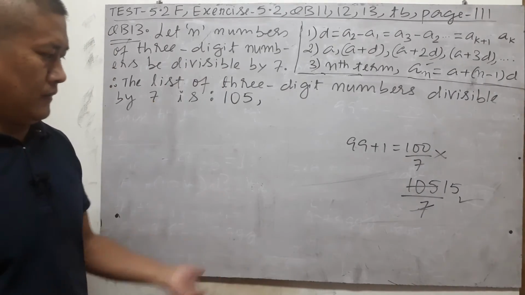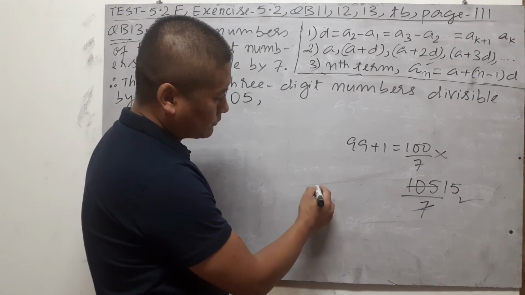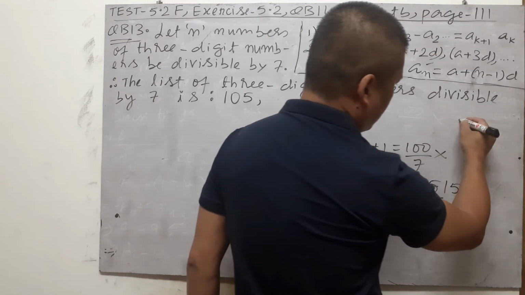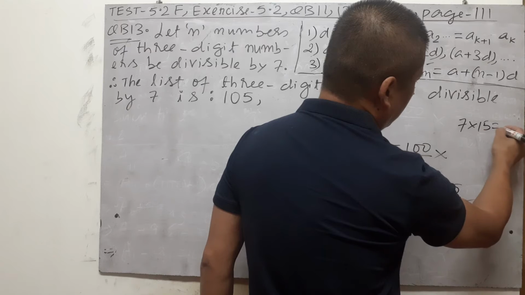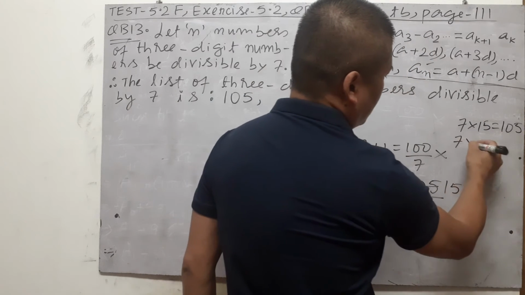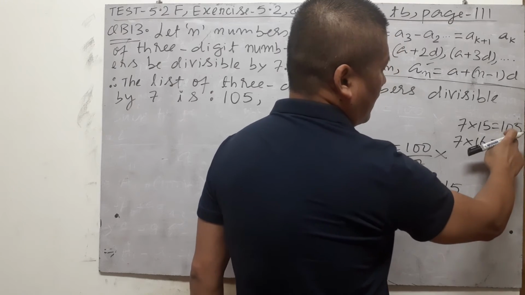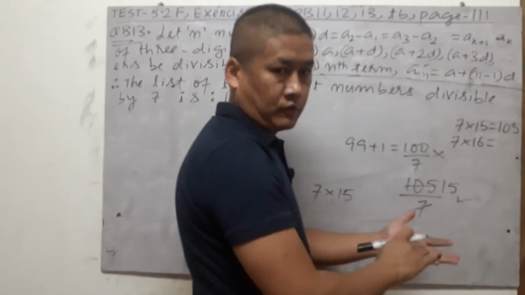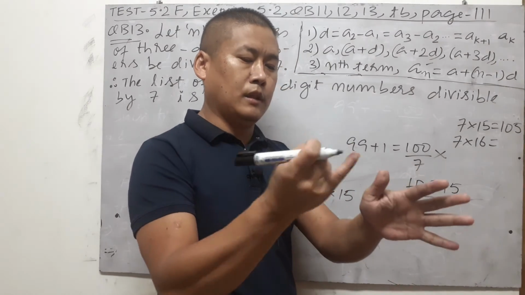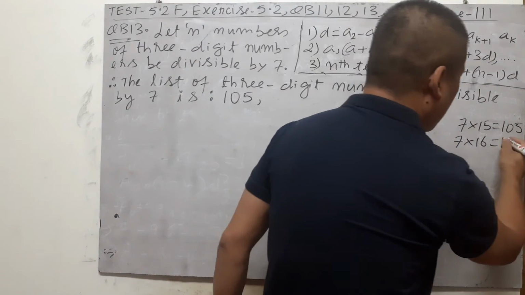Then the timetable of 7 is very easy. 7 into 15 you're getting 105, the first one. Then 7 into 16 is nothing but 105 plus 7, because the timetable is like that: 105, 106, 107, 108, 109, 110, 111, 112. So plus 7 will be 112.